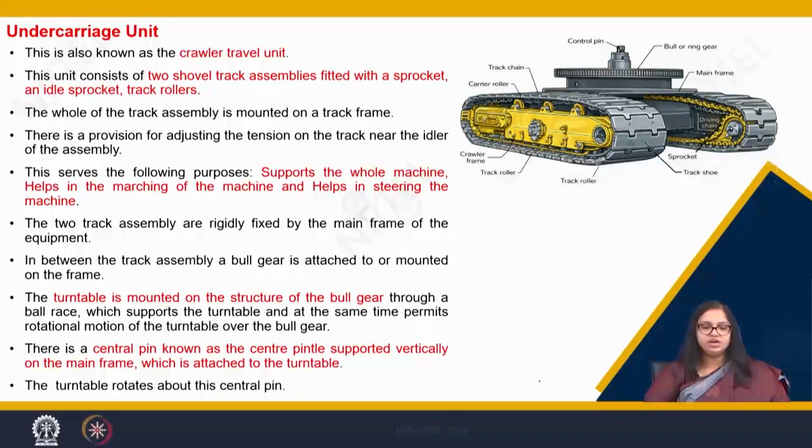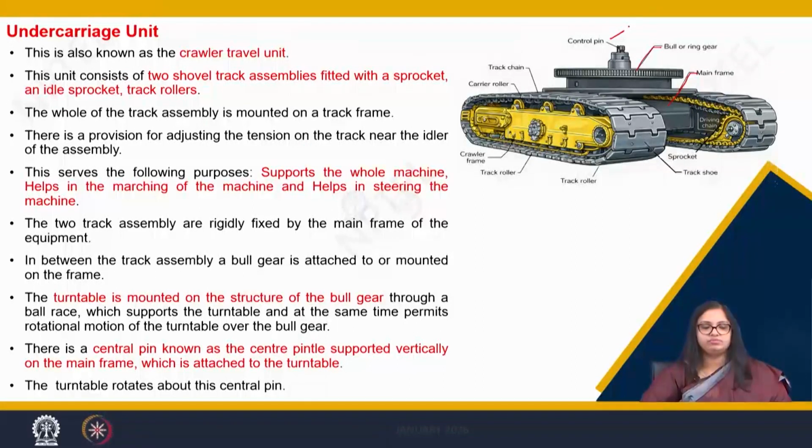Now, coming to the undercarriage unit. So, we know that the undercarriage unit is known as the crawler travel unit, which has a main frame, which you can see, this is the main frame, and above it we have the bull gear or the ring gear, which looks somewhat like this, and then there is a center pin here, which helps in the swinging motion of the complete turntable.